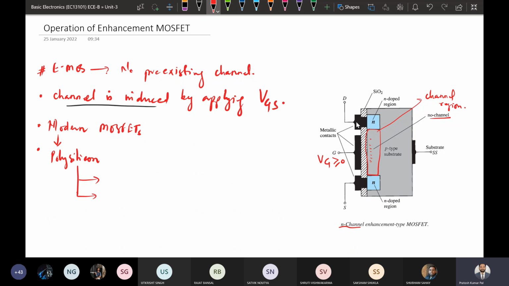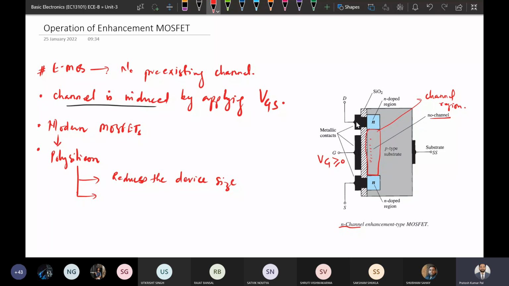If polysilicon is used, the overall size of the device will reduce. So it reduces the device size if we use polysilicon instead of metal.